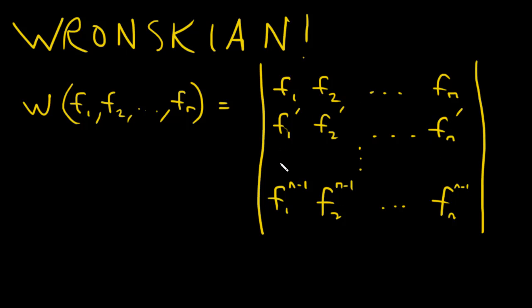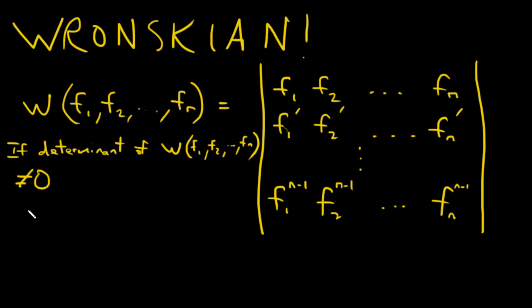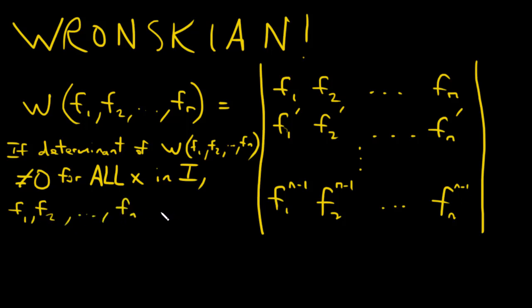So if the determinant of the Wronskian of f1, f2, dot, dot, dot, f sub n is not equal to 0 for all x in I, then f1, f2, dot, dot, dot, f sub n are linearly independent.